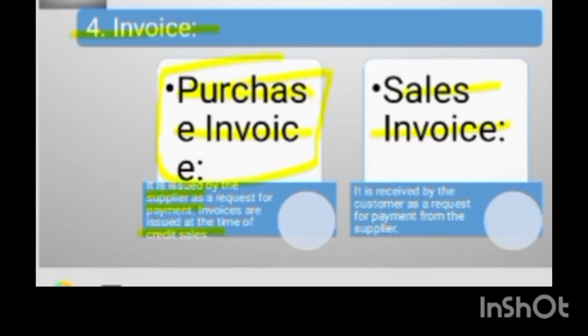It is also a kind of slip. On that purchase slip, it will be mentioned that this much amount for the purchase of this product is due.